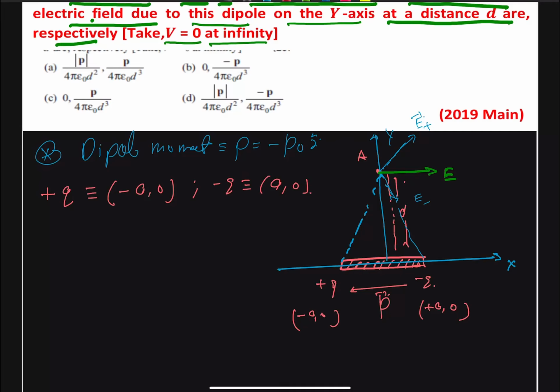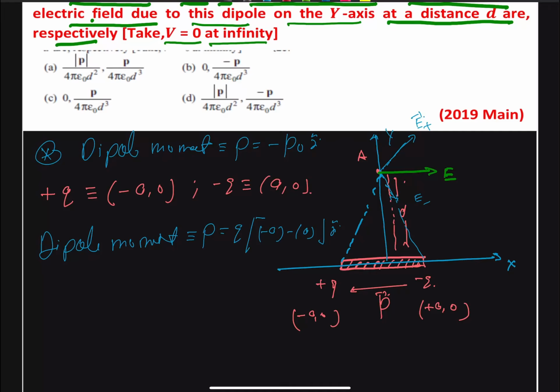Therefore, the dipole moment according to this charge distribution, P, will be equal to the charge times minus a minus of a, in the x unit vector.